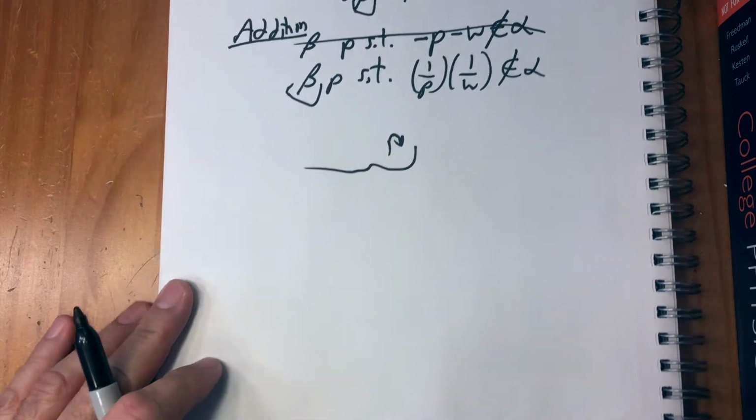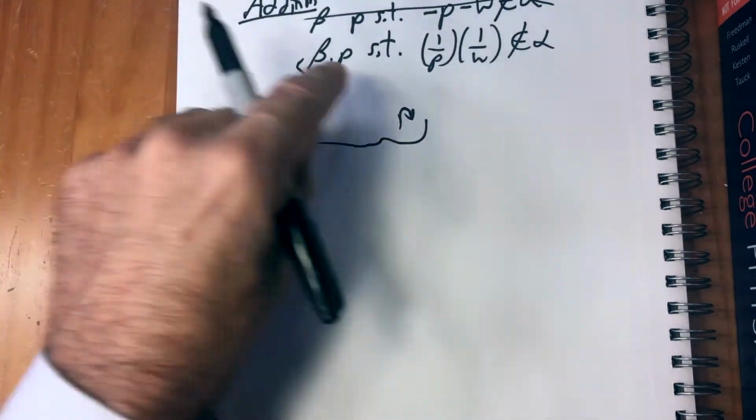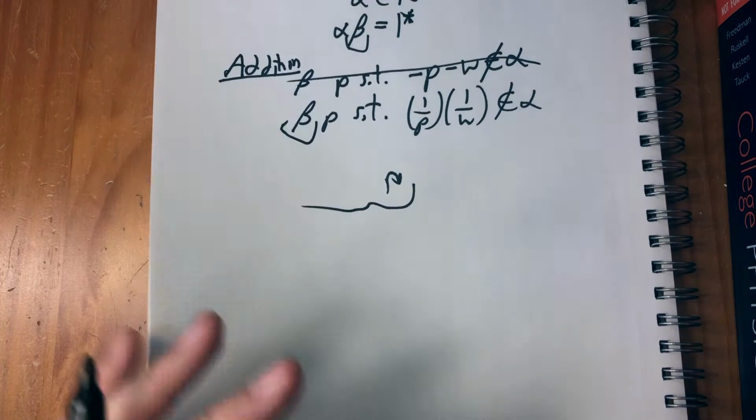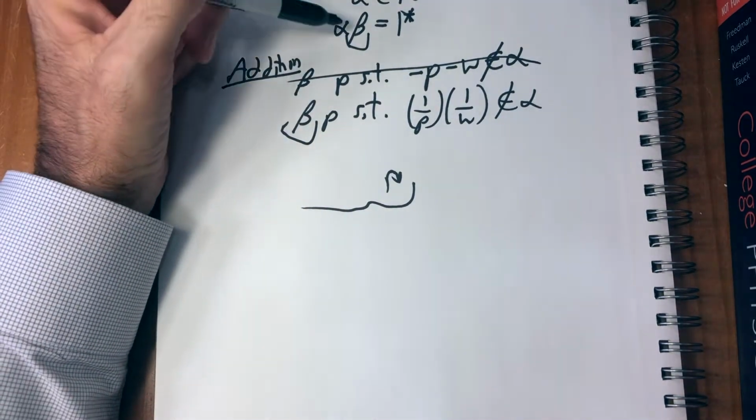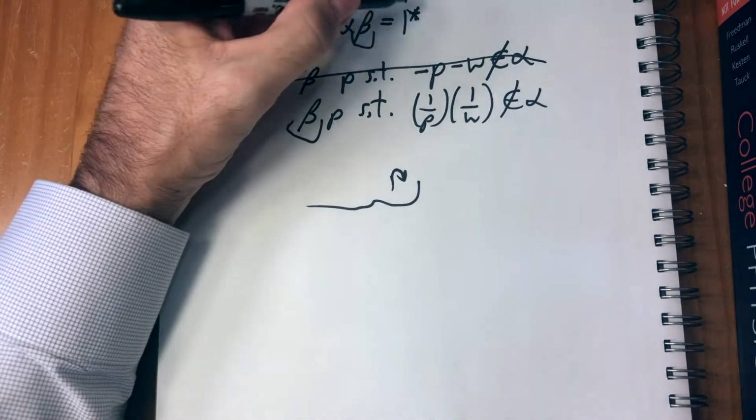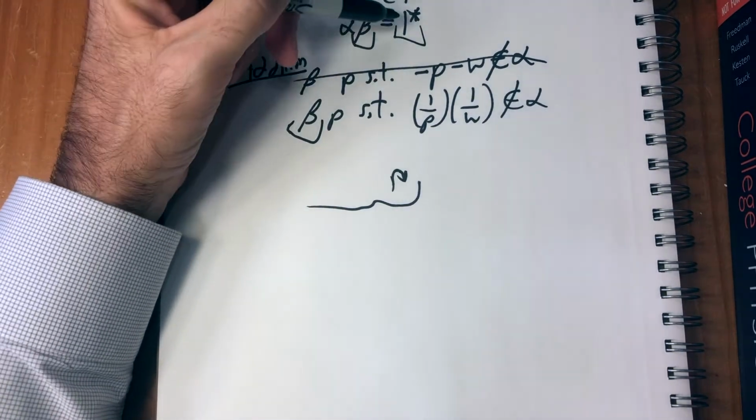Now we need to prove that beta, as we've constructed it, will be an inverse for alpha, meaning that alpha times beta is going to equal the multiplicative identity.